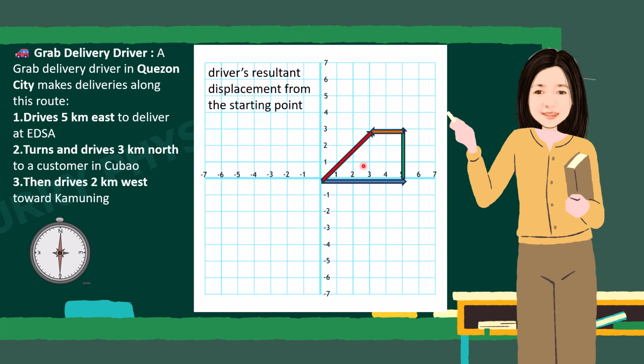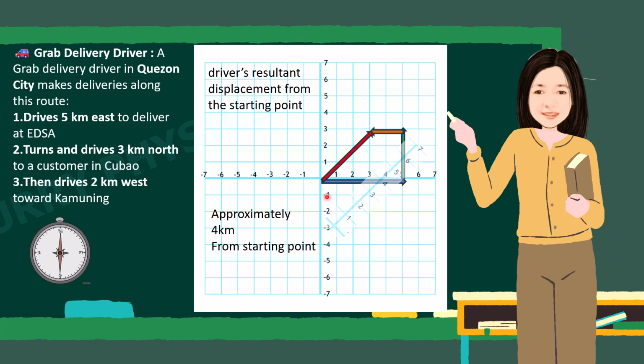To get the length of this resultant vector, we use the scale that we are using. Using the scale, the length of this resultant displacement is about 4 kilometers from the starting point.